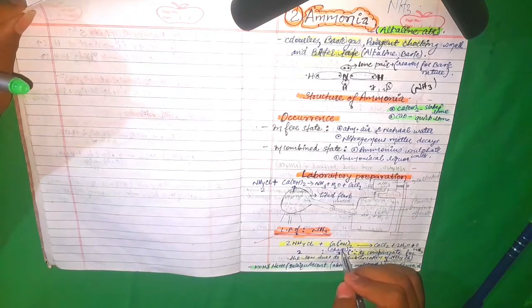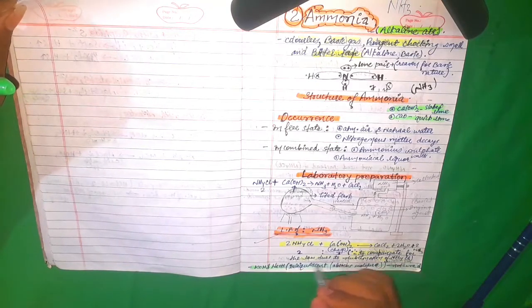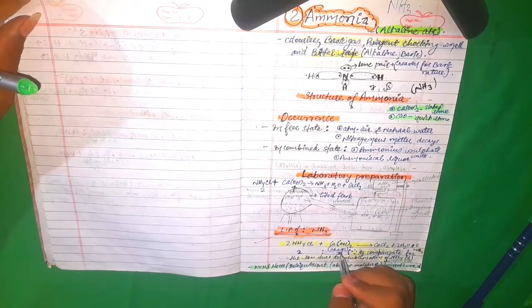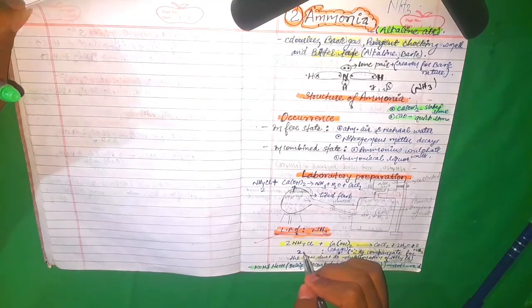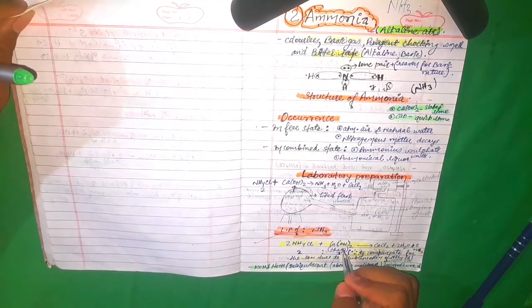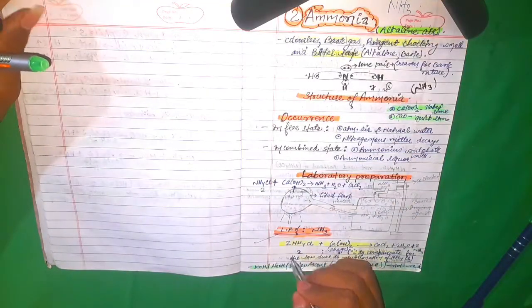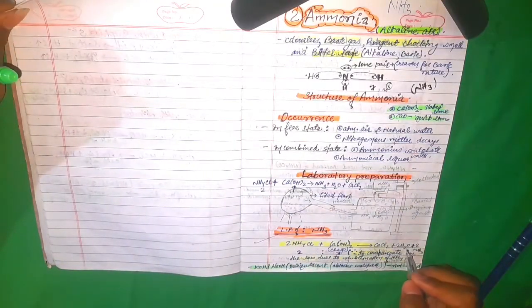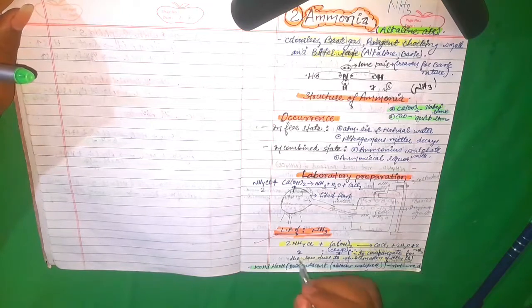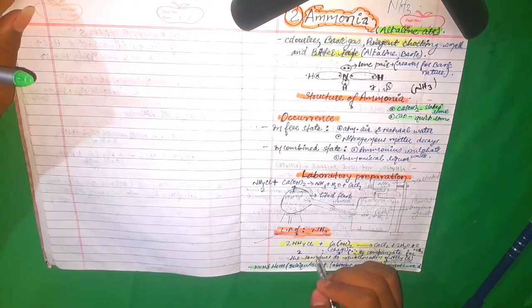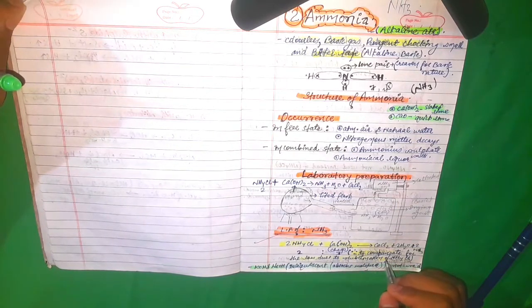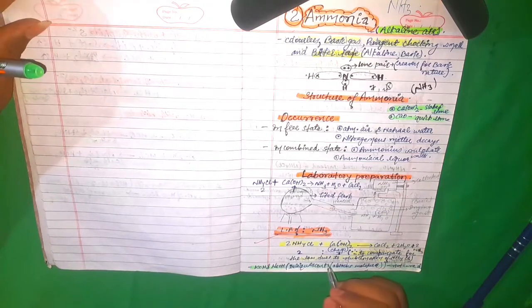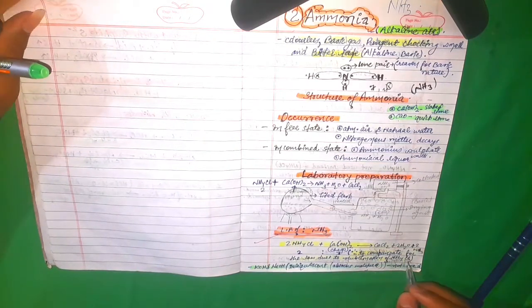Calcium hydroxide is cheap, so its ratio is 3, and ammonium chloride is costlier than calcium hydroxide, so its ratio is 2 only, and it gives salt plus water plus ammonia. The ratio is 2:3 to compensate for the loss due to sublimation of ammonium chloride.